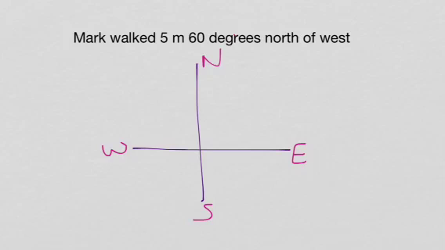And 60 degrees north of west will put us something like this, where we start at west and we go 60 degrees north of west. You can leave it like that.